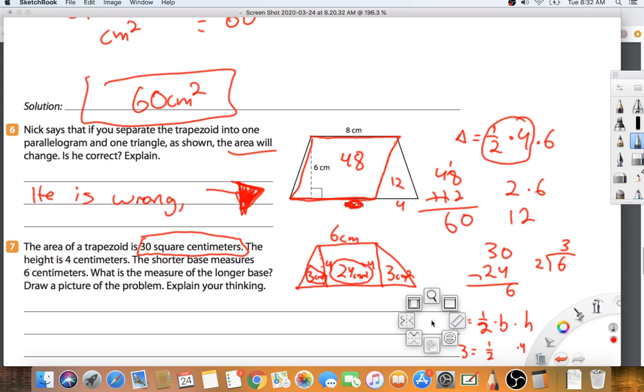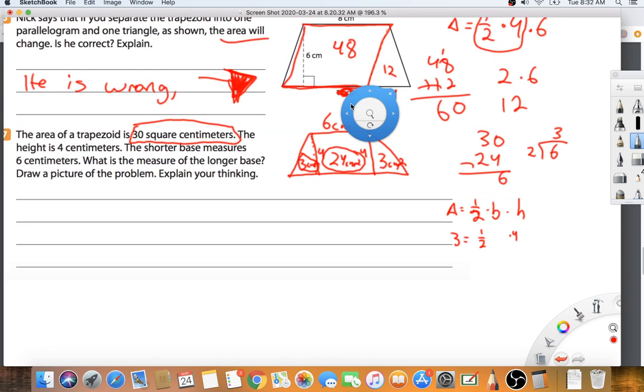Now I'm running out of space, so I'll move a little bit. We know it has to equal 3, but we don't know what the base is. We're missing the base. But we know that half of 4 is just 2. So we have 2b equals 3.